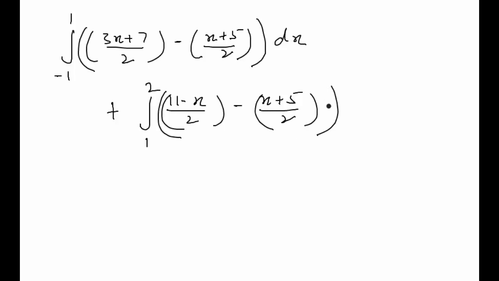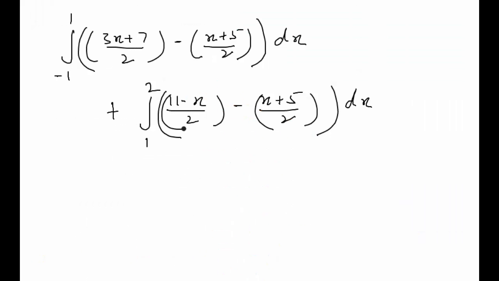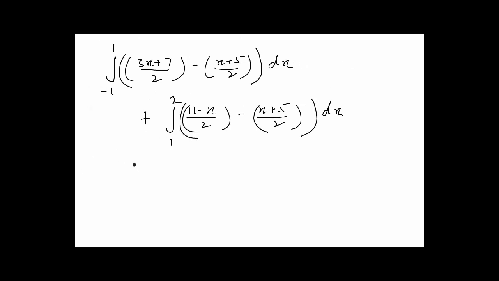Now I have done nothing till now. I have just substituted the values of f(x), h(x) and g(x), h(x), which we have already seen. Now the integration of a linear function is very easy, so let us just simplify the quantities first.